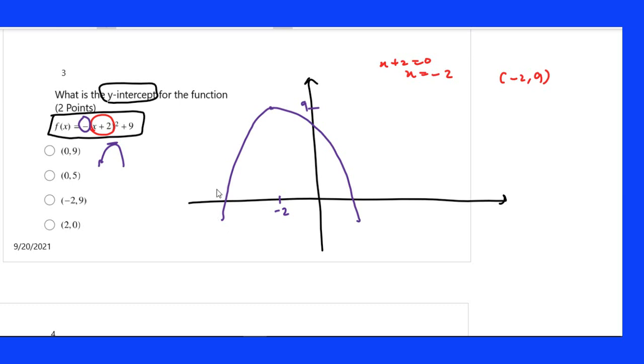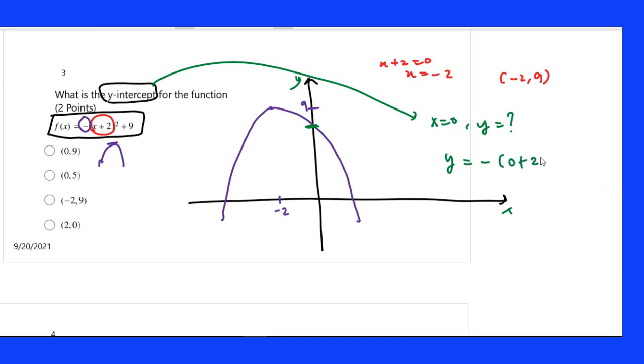So we are going to find the y-intercept. Y-intercept means x is equal to 0, and y is equal to something. This is where the graph cuts the y-axis. Substitute: y equals negative (0 plus 2) squared plus 9.